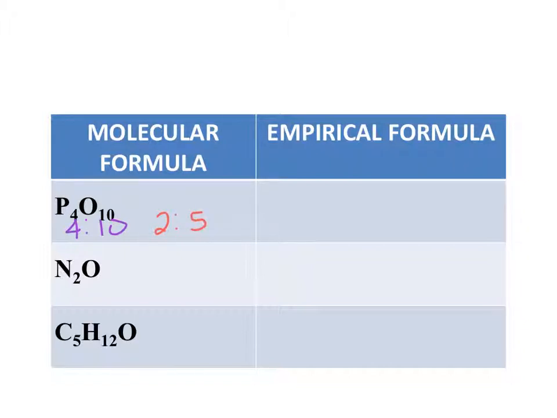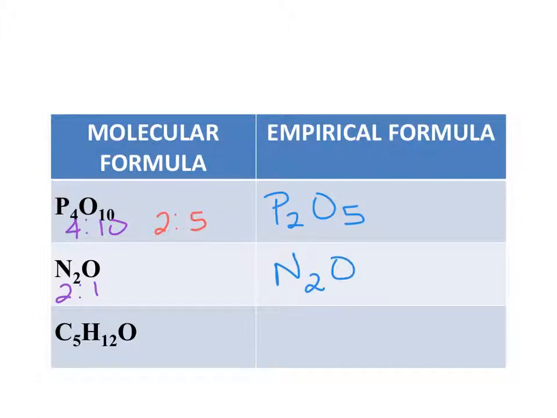Therefore, the new formula for this is P2O5. In the second example, we have a 2 to 1 relationship. This cannot be further reduced. So therefore, the empirical formula is the same thing as the molecular formula.